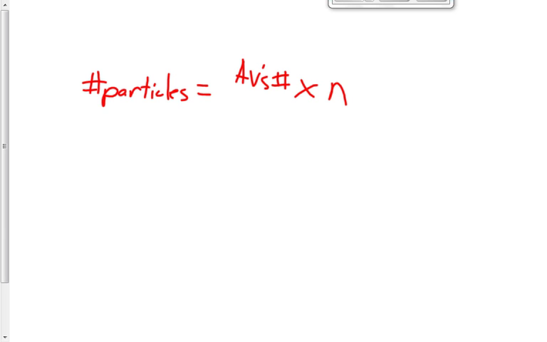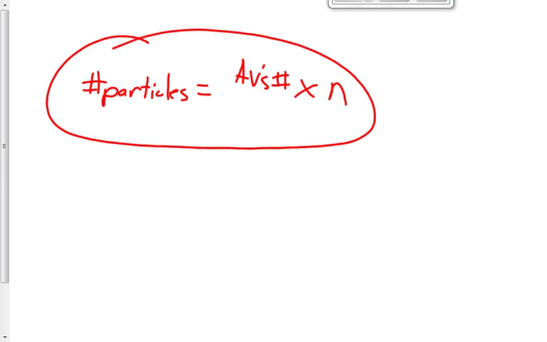This formula isn't going to be given to you on the test because it's something I expect you can figure out mathematically. But if you're afraid that you won't be able to figure it out, it's worth memorizing. Number of particles is 6.02 times 10 to the 23, times n. Times n, not over n.